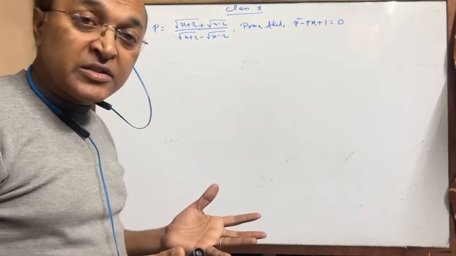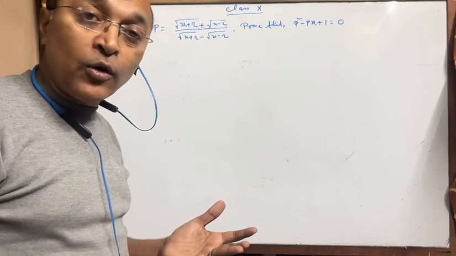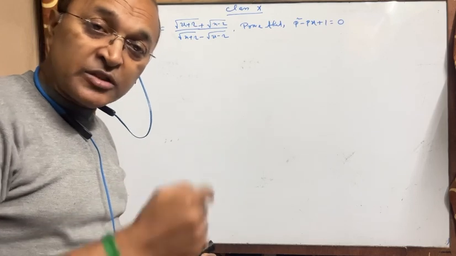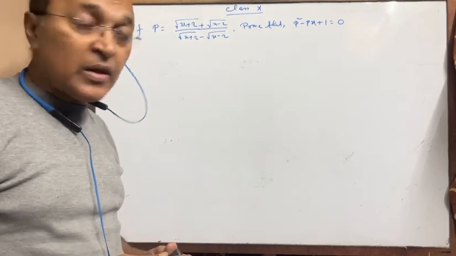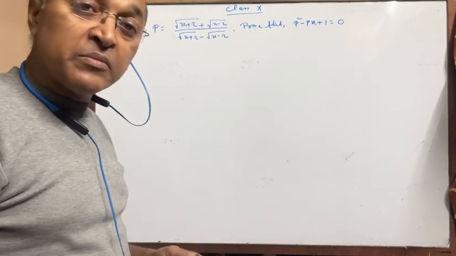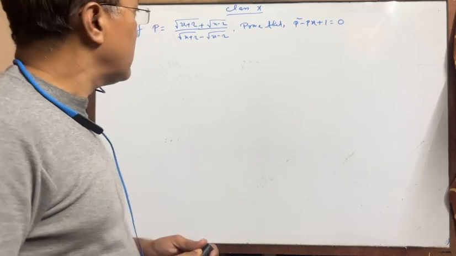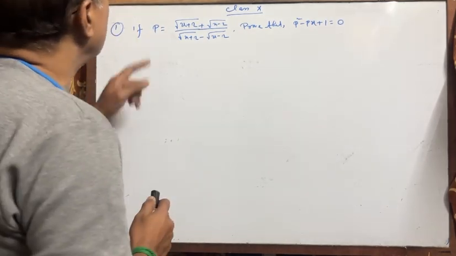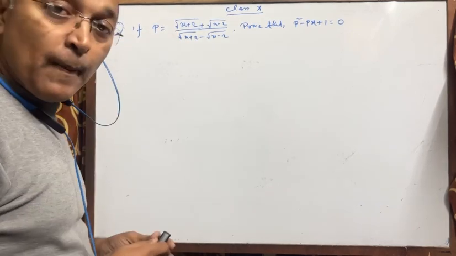If a by b is equal to c by d, then by implementing componendo dividendo, you can write a plus b by a minus b is equal to c plus d by c minus d. Here we will apply the same thing, componendo dividendo. Here we are considering p means p by 1, which is equal to this by this.